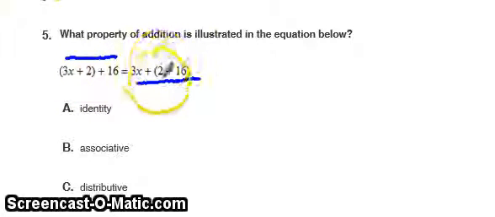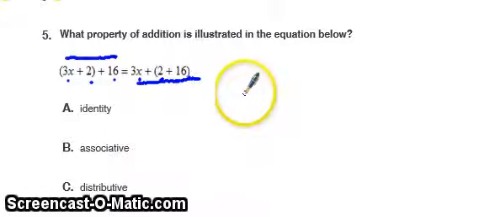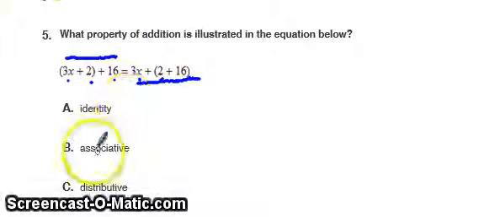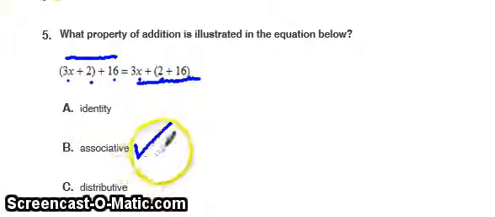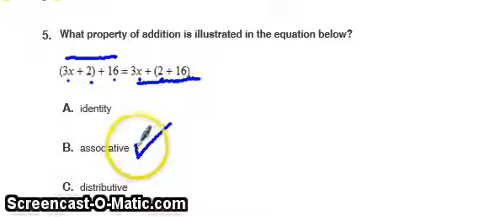On this side I have 2 and 16 in parentheses. Looking, 3x, 3x, 2, 2, 16, 16. Same order, so that tells me it is not commutative. Looking here for associative, because these terms have changed who they are associating with, who they are friends with inside the parentheses. So looking for associative.